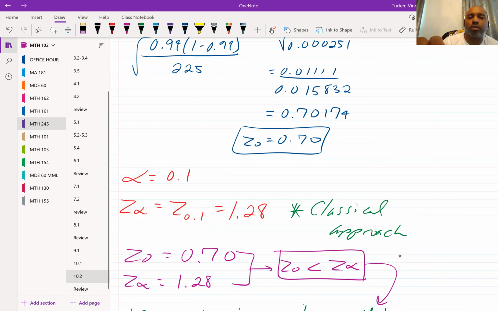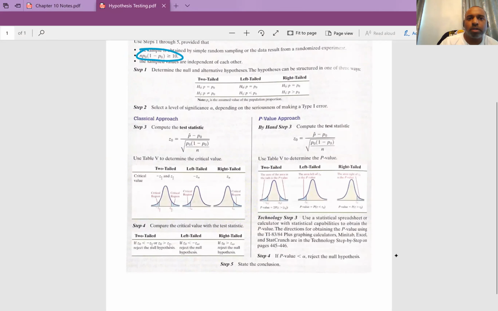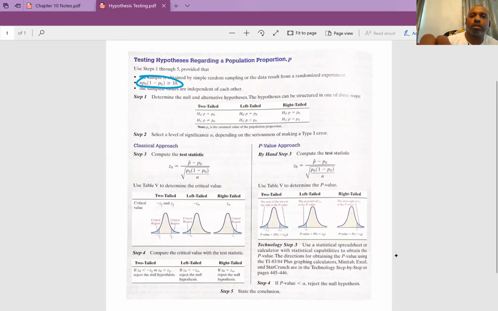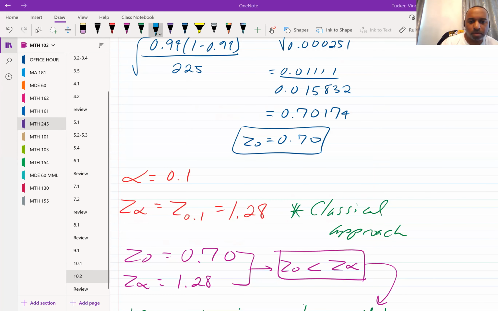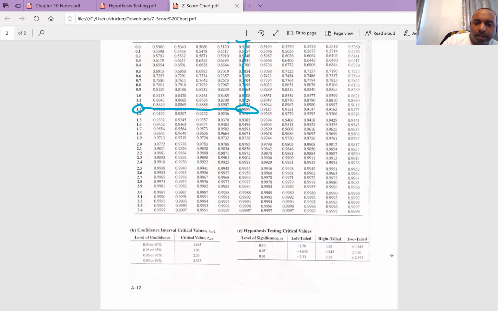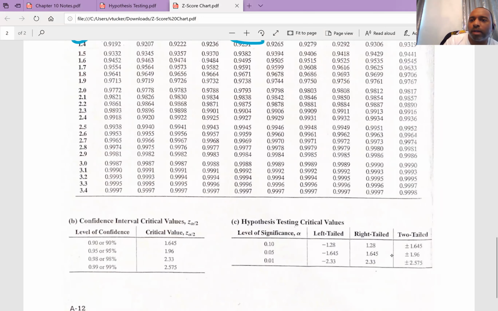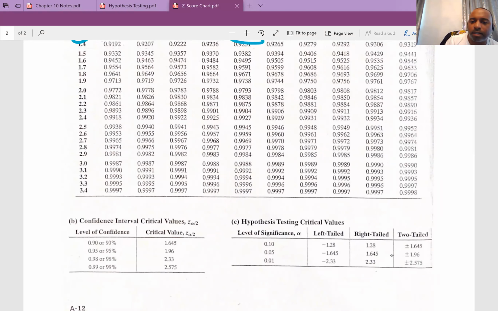Let me show you this. It must be on the Z-score chart, so I'll take you back to the notes. On the Z-score chart, notice down here at the bottom, hypothesis testing, critical values.